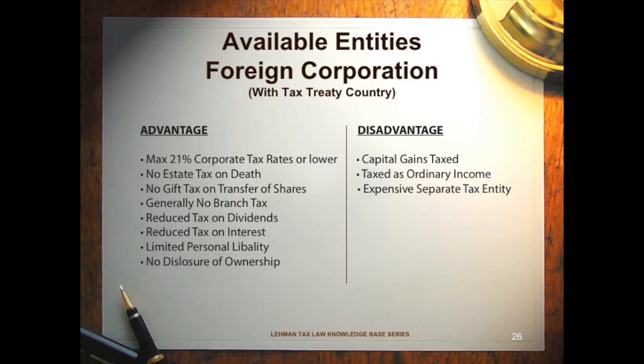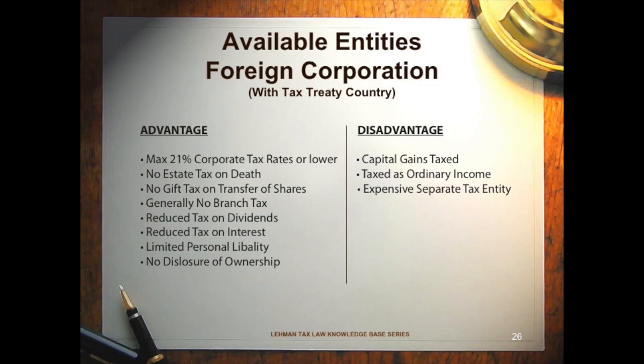But the advantages are great. You get the 21% tax rate. You have no gift tax on transfer of shares. They're foreign shares. The U.S. has nothing to do with them. No estate tax. No branch tax, because the treaty eliminates them.